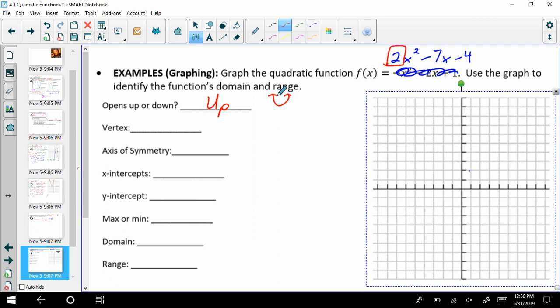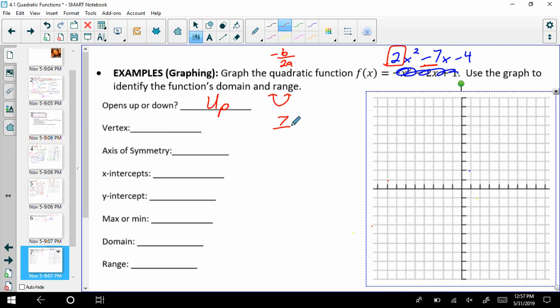Now the vertex, this is where it takes a little bit more work because I can't just pull h and k. So to get the vertex, I'm going to do negative b over 2 times a. So b is negative 7. So when I plug it in, I'd have a negative 7. So it turns opposite.